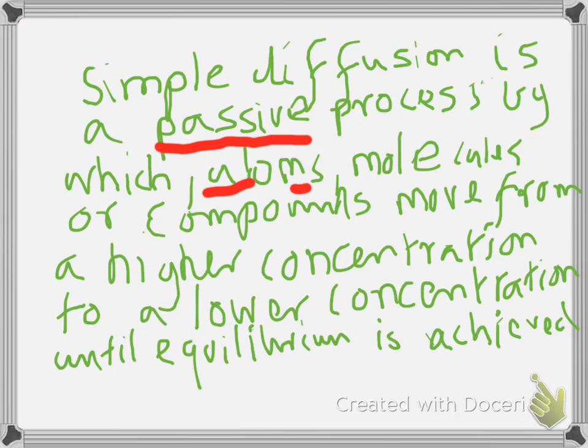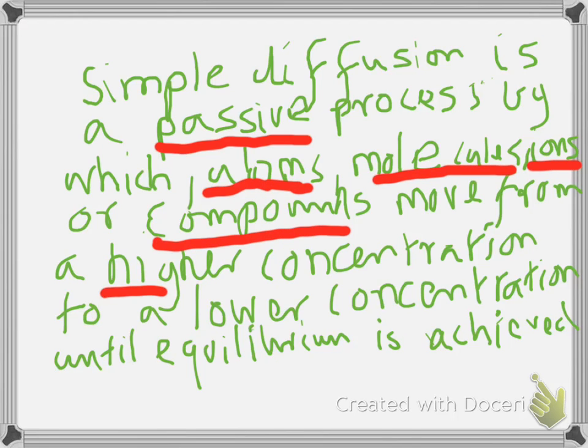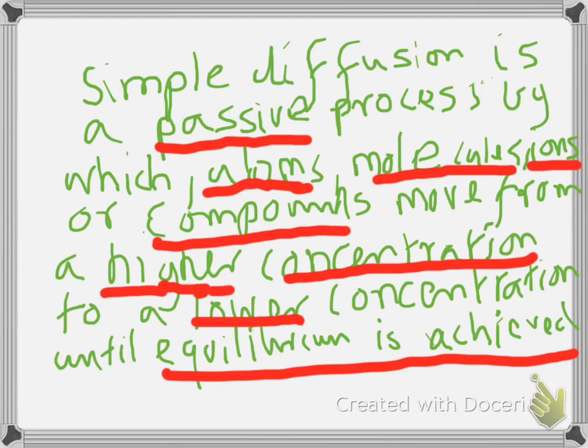It also applies not just to molecules, but to atoms or ions or other compounds. These can be sodium ions or chlorine ions, or just molecules like the red dye molecule or the glucose molecule. They always move from a higher concentration to a lower concentration until equilibrium is achieved.